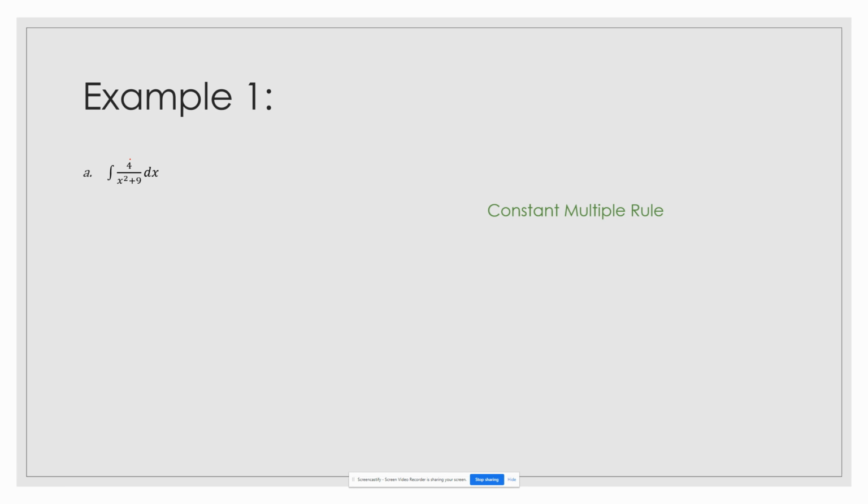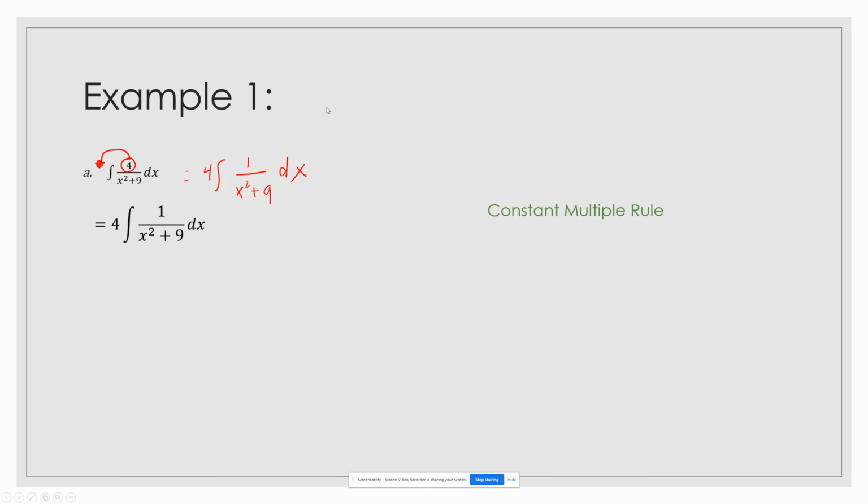Oh, now it's on. This 4 is a constant multiple. And so I'm going to pull that 4 out in the front. That's going to give me 4 times the integral of 1 over x squared plus 9 dx. So that is going to look like this here.